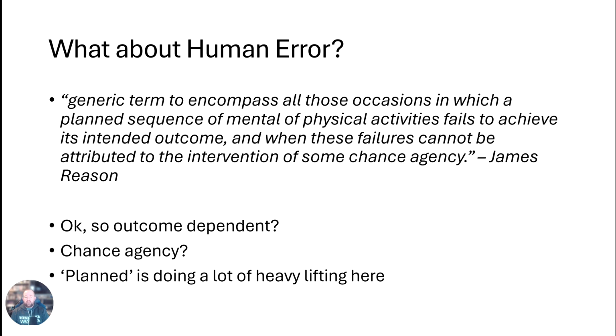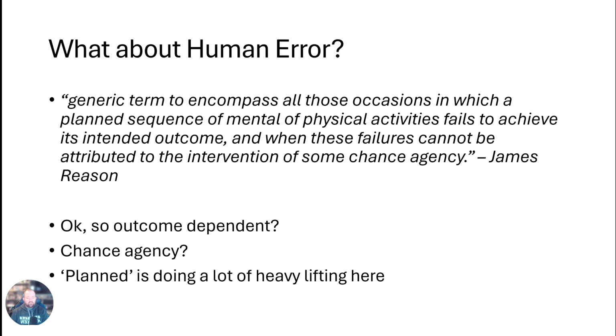So it's largely, and this is a long, kind of circuitous definition, don't worry about necessarily remembering it, a general term to encompass all the occasions where a planned sequence fails to achieve its intended outcomes, and when those failures can be attributed to something other than chance agency. When we're talking about human error, it's because things didn't just show up and make you make a mistake. So it tends to be kind of outcome dependent, possibly.